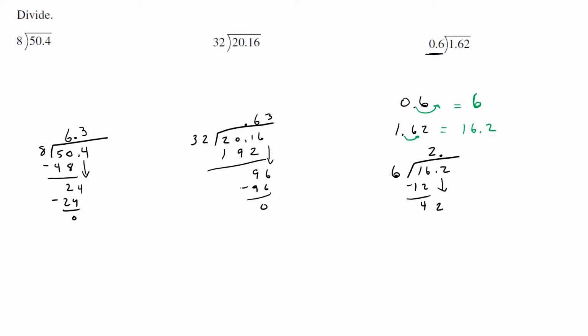So 6 goes into 42 7 times, so 2.7 here. Multiply back, subtract, and simplify. So we're going to get that 1.62 divided by 0.6 is going to be 2.7. So again, we can move the decimal there. We just make sure we move both decimals.